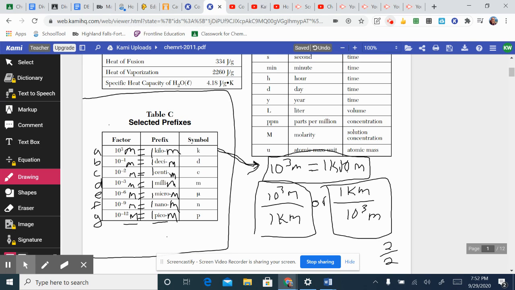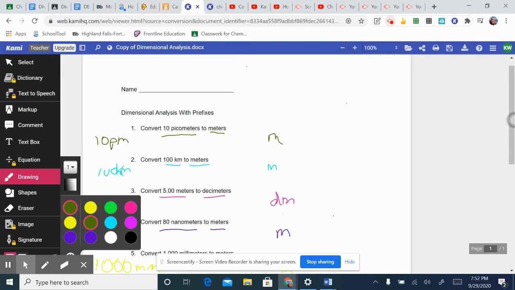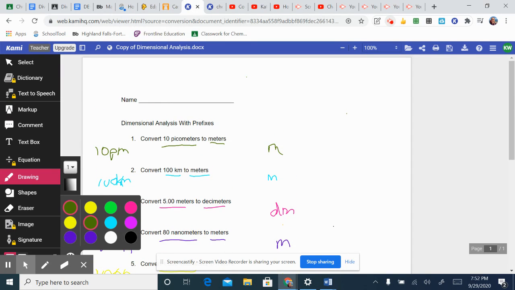So let's see. Our conversion factor, and I'm just going to write it at the top here, is that for every 10 to the negative 12 meters, we have 1 picometer. So that I got right off of table C.